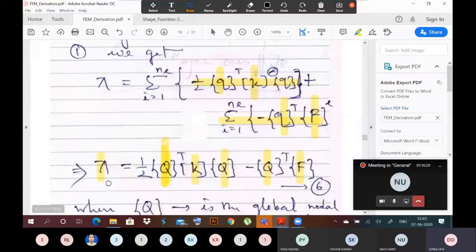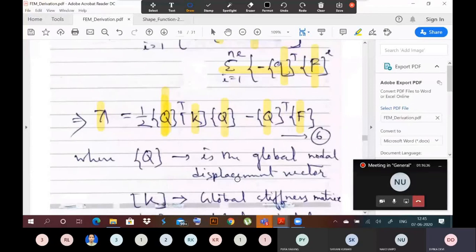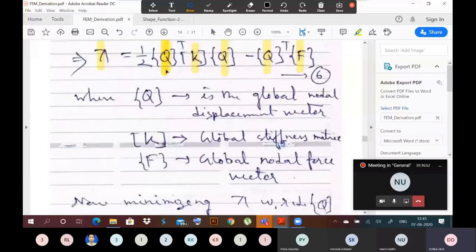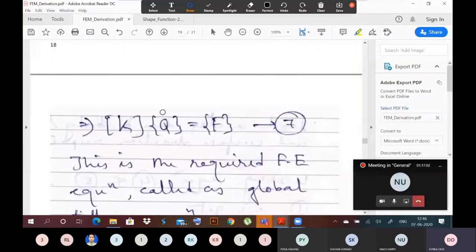Now, if we use the minimization of potential energy approach, if this Q is the solution for the nodal displacement, then this pi must be minimum with respect to Q. So differentiating this equation with respect to Q, we will get KQ equal to F. If you differentiate equation 6 with respect to Q, there are two Q terms, so you can think of it like Q square. If you differentiate with respect to Q, we will get 2Q. So half and 2 will cancel. Ultimately, we will have remaining K into Q.